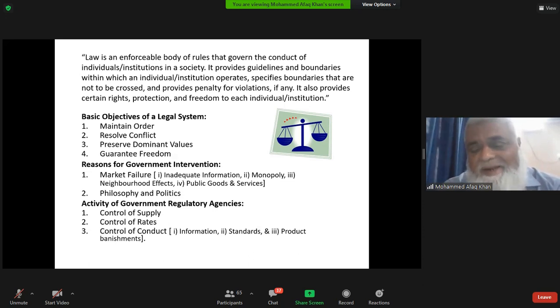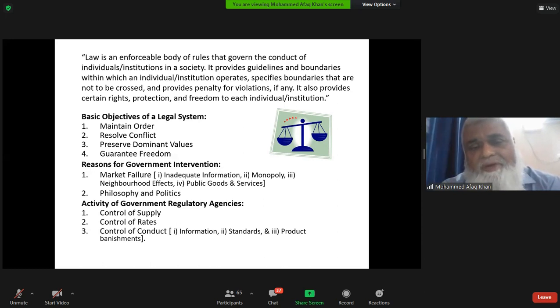So whether it's the right to or freedom of speech, or the right to and freedom of movement, if the rules prescribe those boundaries, they should not be violated. It's the government's intervention: sometimes the government changes those rules, and those boundaries also change as a result.